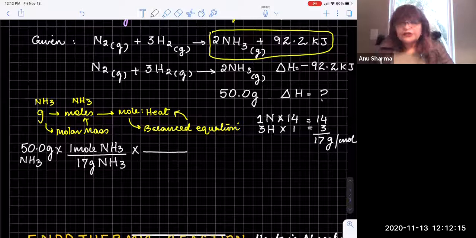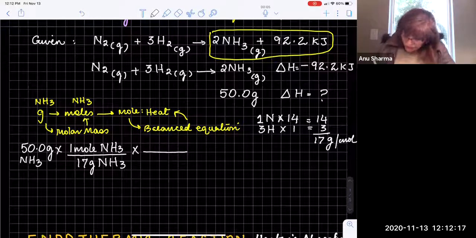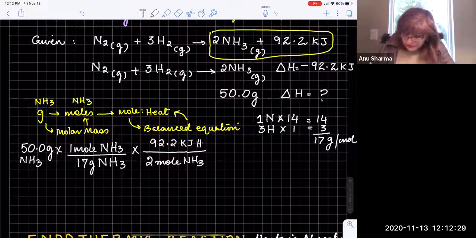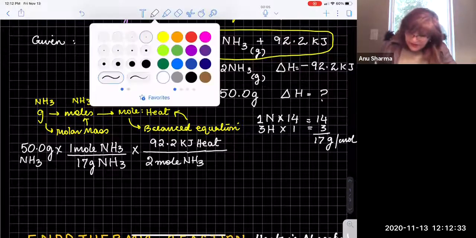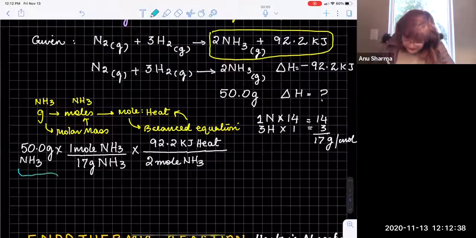Now, from the equation, you're going to see that 2 moles of ammonia are producing 92.2 kilojoules of heat. This piece right here is converting grams to moles, so this gives you the moles of ammonia coming from the grams.